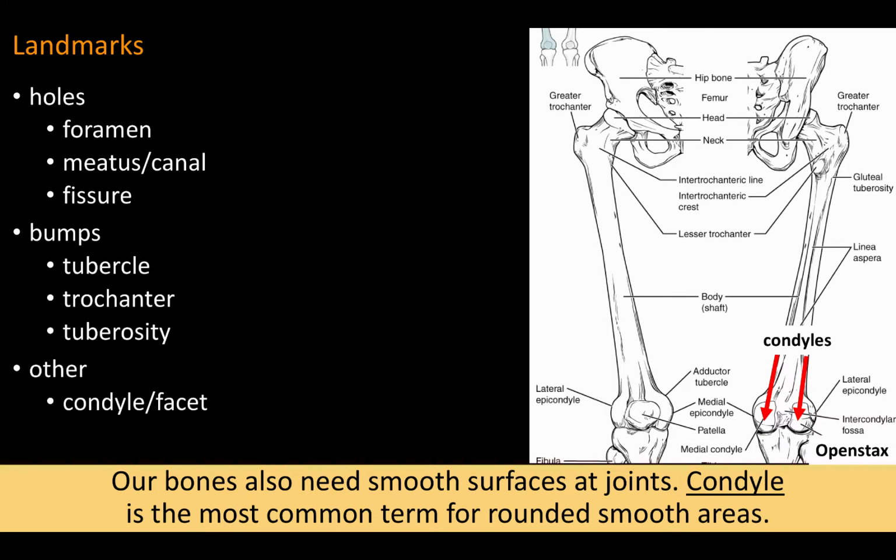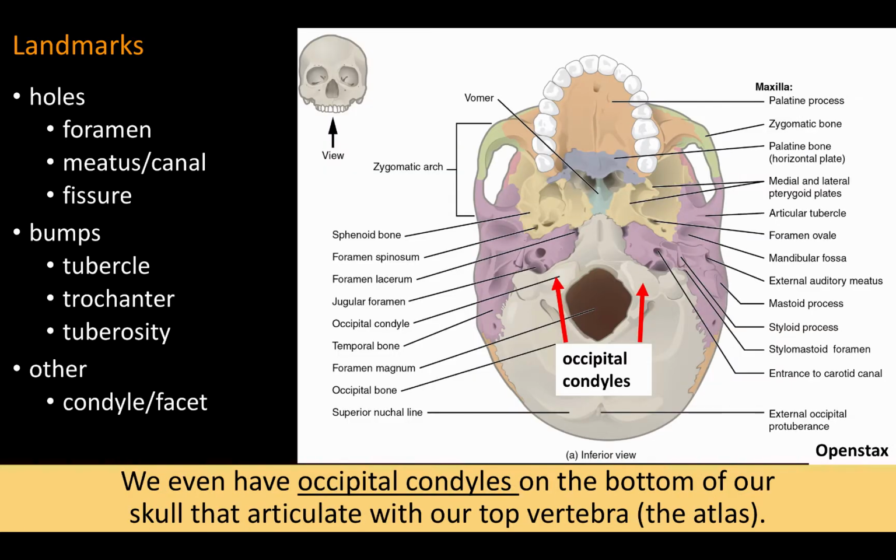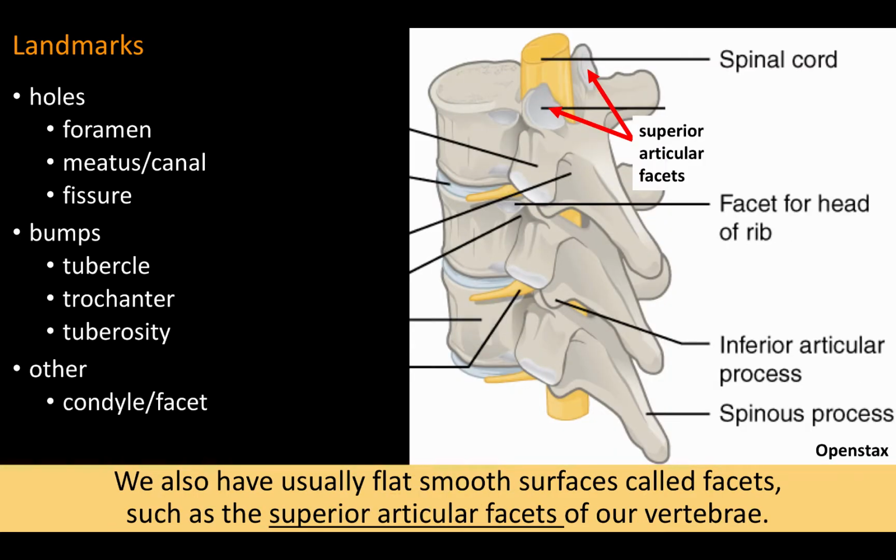Our bones also need smooth surfaces at joints. Condyle is the most common term for rounded, smooth areas. We even have occipital condyles on the bottom of our skull that articulate with our top vertebra, the atlas. We also have usually flat, smooth surfaces called facets, such as the superior articular facets of our vertebrae.